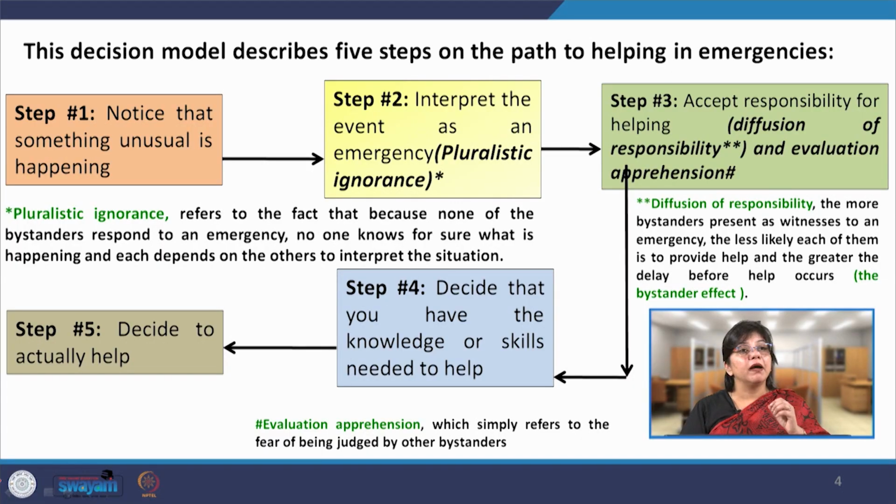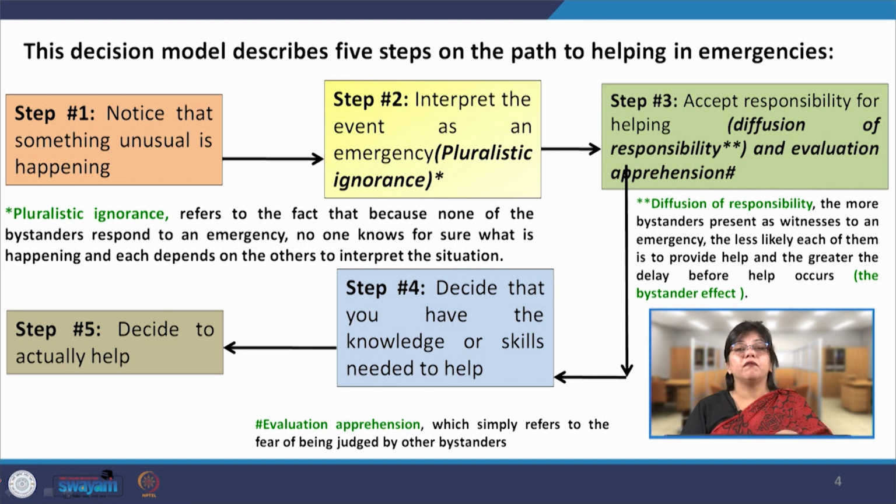So, there are certain factors that help a bystander to interpret the situation in a very rational manner. At the same time, we are not overloaded with concrete information about the situation, and we tend to ignore again.